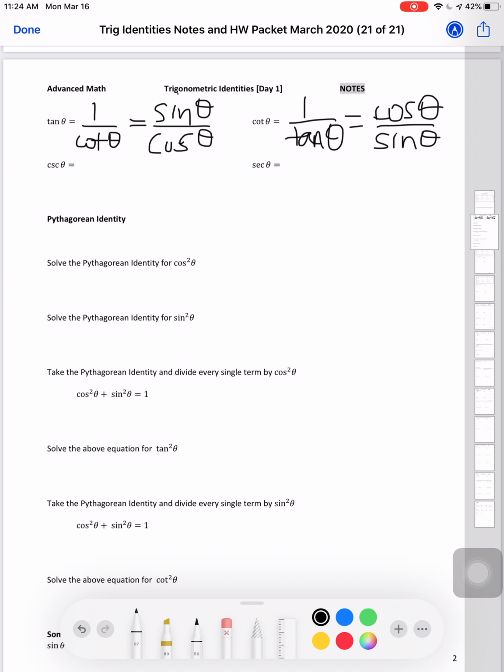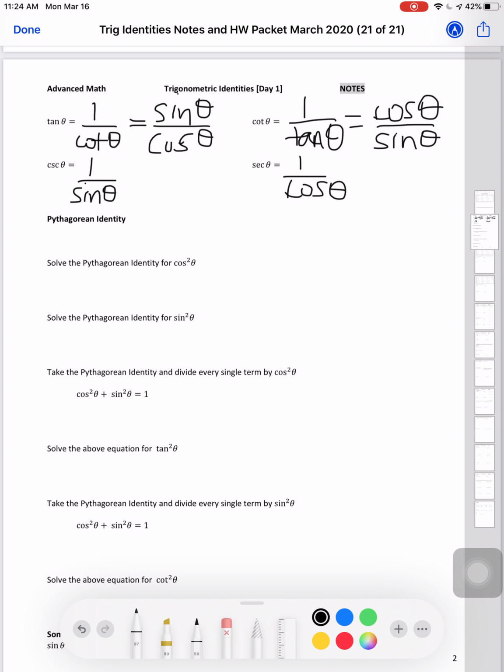Again, because they are reciprocals of each other. When we look at the cosecant, we know that the cosecant is the reciprocal of the sine. So if we make this one 1 over the sine, then we're going to see the same results. And if we make secant 1 over the cosine, then we will see that those are reciprocals as well.